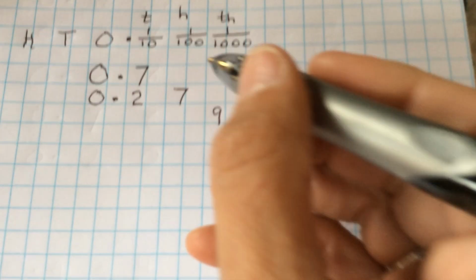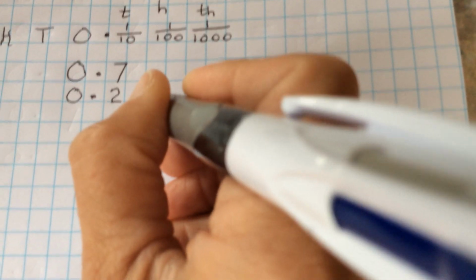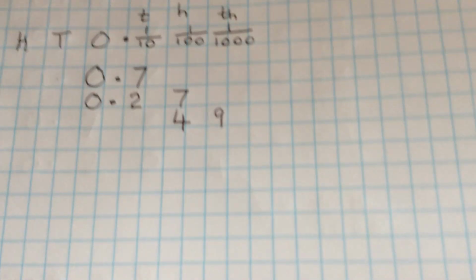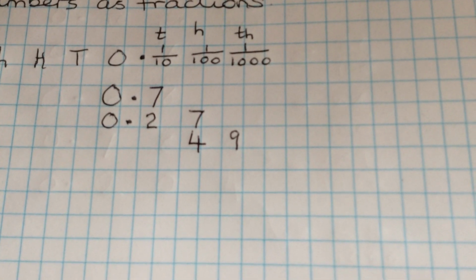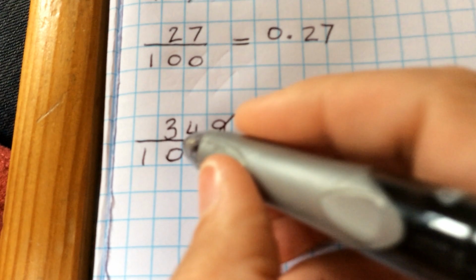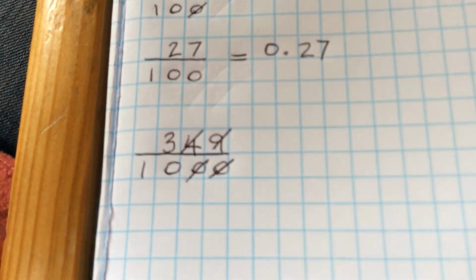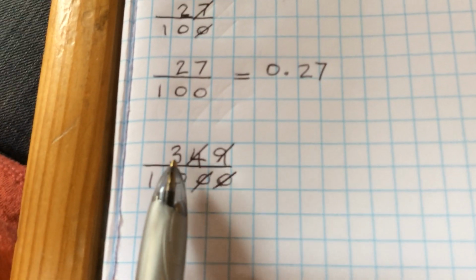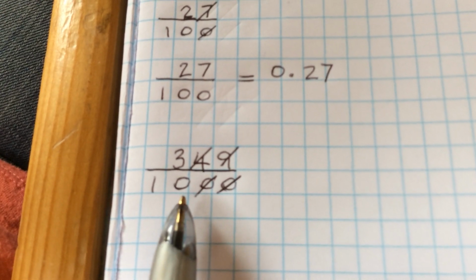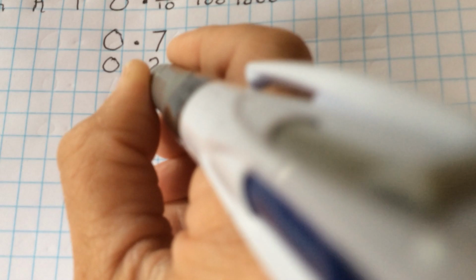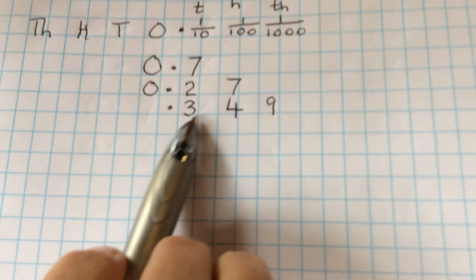So I'm going to go up and look at my hundredths, and put 4 in my hundredths column. Then I'm going to come back down, cross the 4 off and cross that 0 off. Now I can say I've got 3 tenths, so I'm going to come back up here and write a 3 in my tenths column.